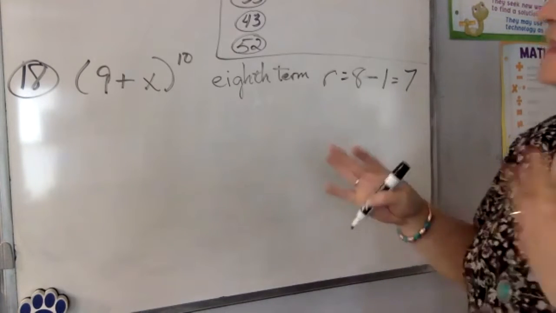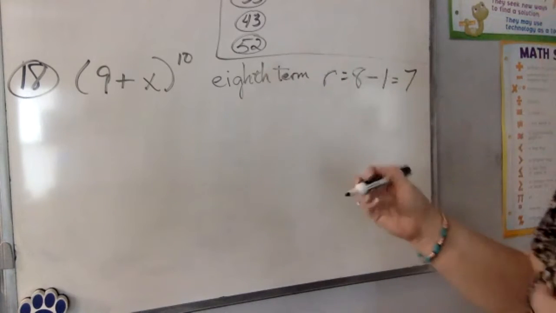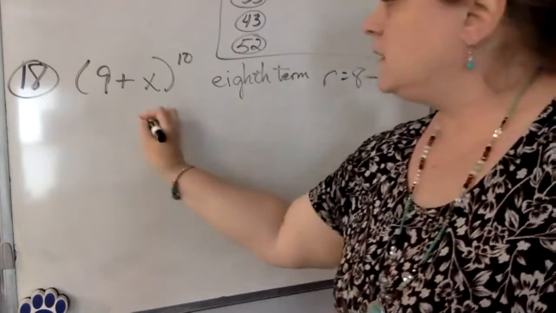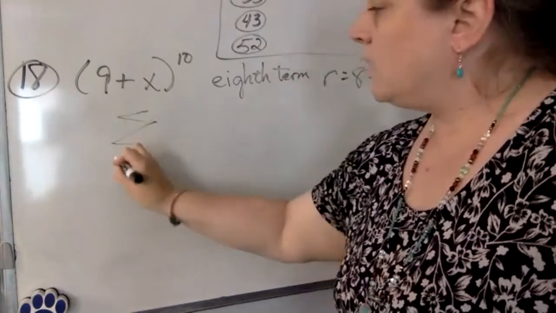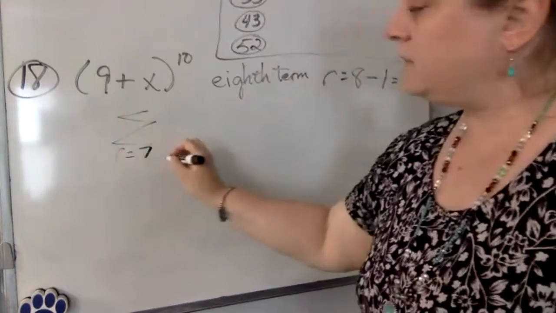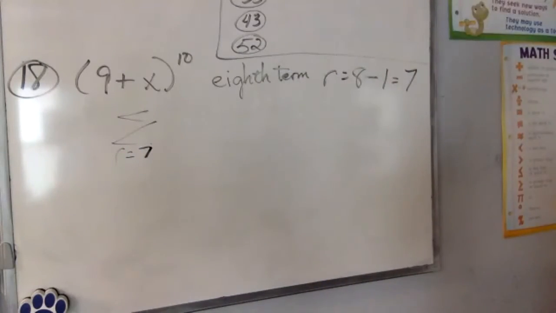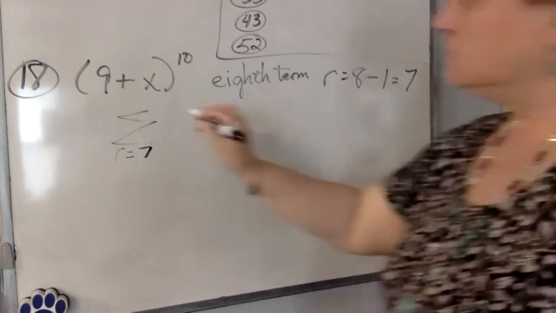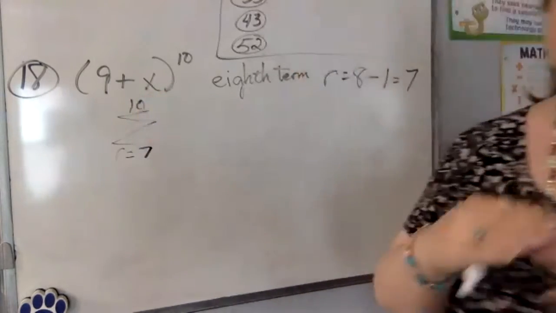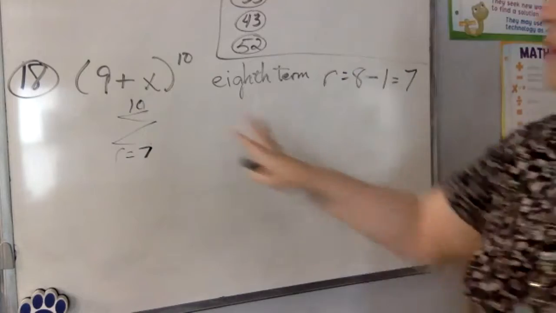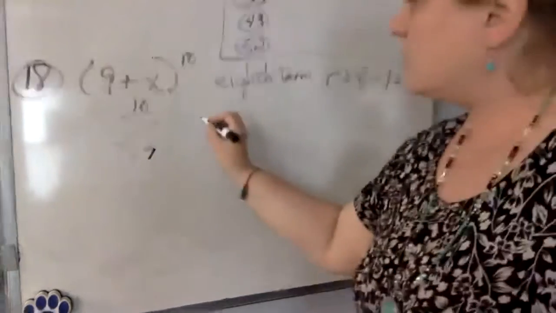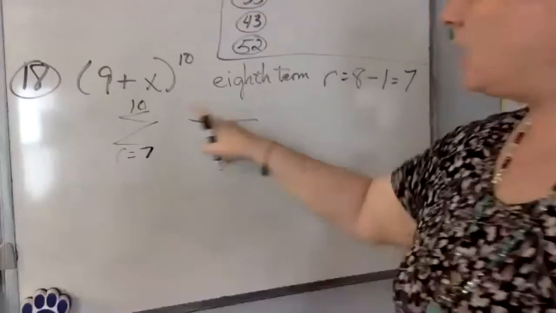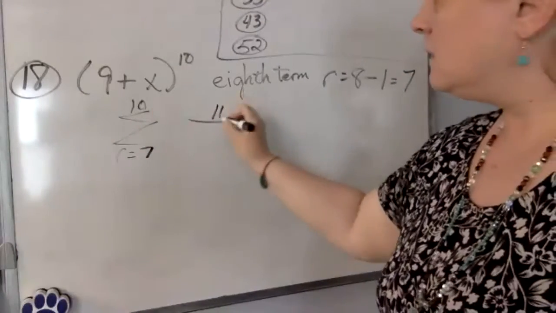Okay, so instead of doing the whole big thing, you're just doing basically the sum part when R is equal to 7 and N is 10. But you're only doing it for that one thing. So you're not having to add them all together. You're just doing the one. So remember, N is 10.